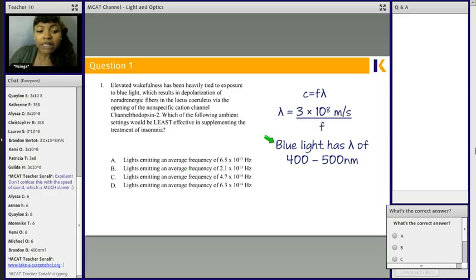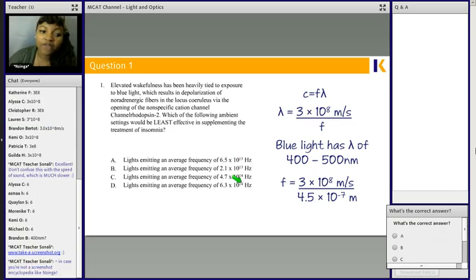Okay, so we look at this and we say, well, we just plug and chug. So we have our speed of light divided by our wavelength of the light, and we end up with our frequency. So one of the things that you can do is you can kind of take a look at the answer choices. So you want to note the exponents. So you see they're 13 and 14, so we're like, fine, we're not going to play with them as much.